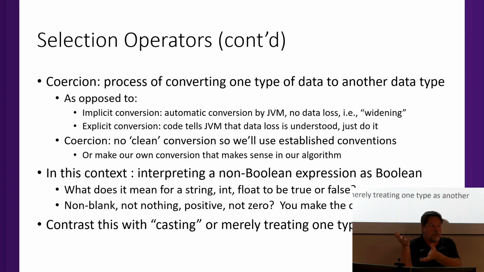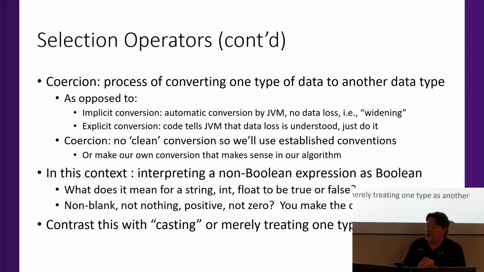It just says, okay, I know how to widen that value because there's no way I can lose any data. I'm going from something that has 2 bytes to something that has 4 bytes, plenty of room for it, so I'm just going to copy the value over there. That's a widening operation, and Java can handle that implicitly, meaning without you telling it how to do it. It just does it implicitly.